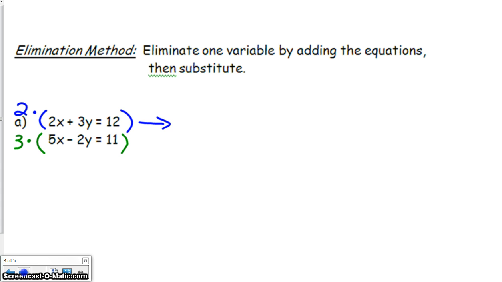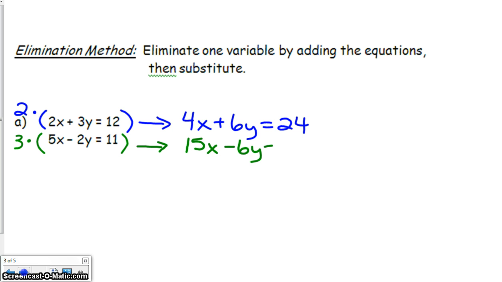My first equation turns into 4x plus 6y equals 24. Note that I distributed that 2 throughout the entire equation. My second equation, I'm distributing the 3. When I do that, I get 15x minus 6y equals 33.